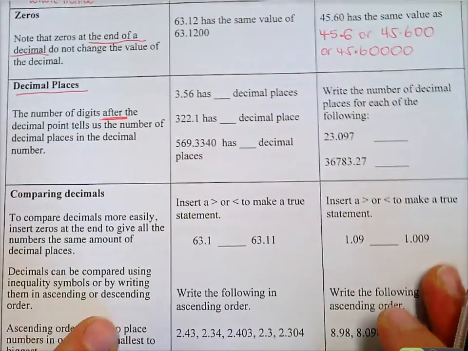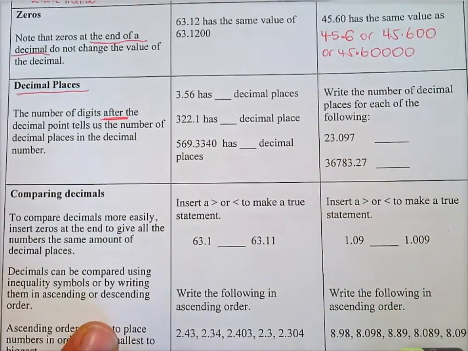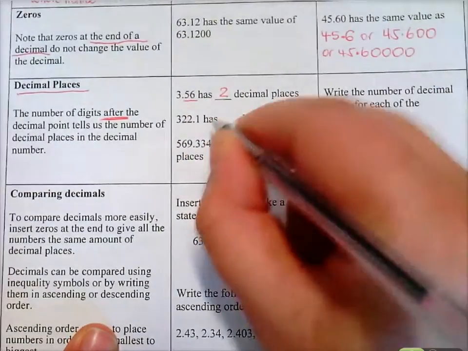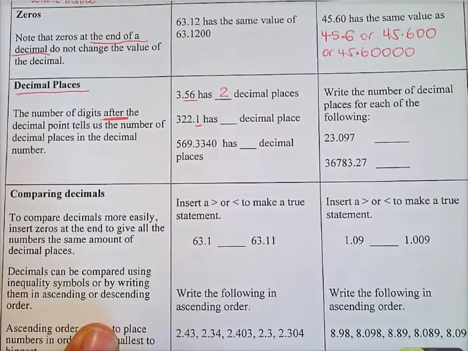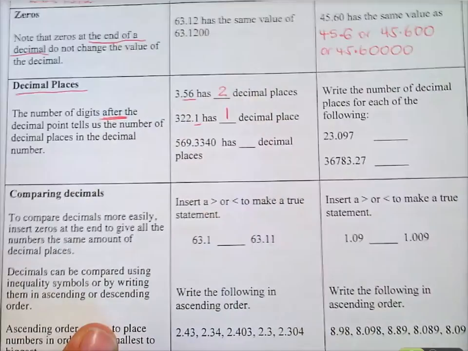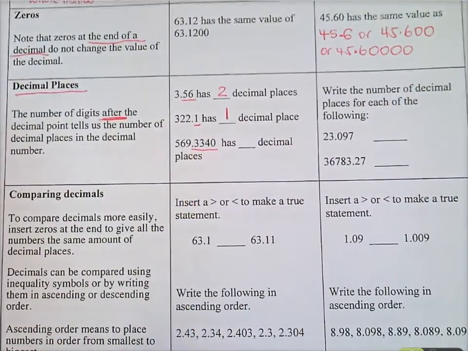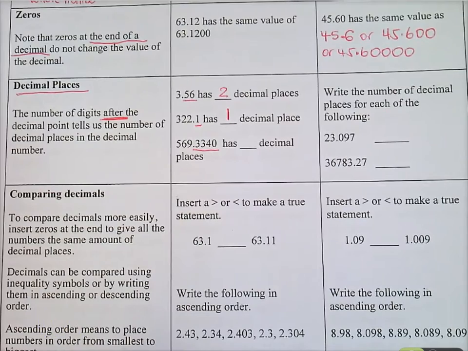So look at 3.56. How many decimal places? 2. How many digits after the point? 2. What about this one? 322.1. How many decimal places? 1 digit after the point. Be careful with this. I know that the 0 on the end does not change the value, but how many digits after the point?